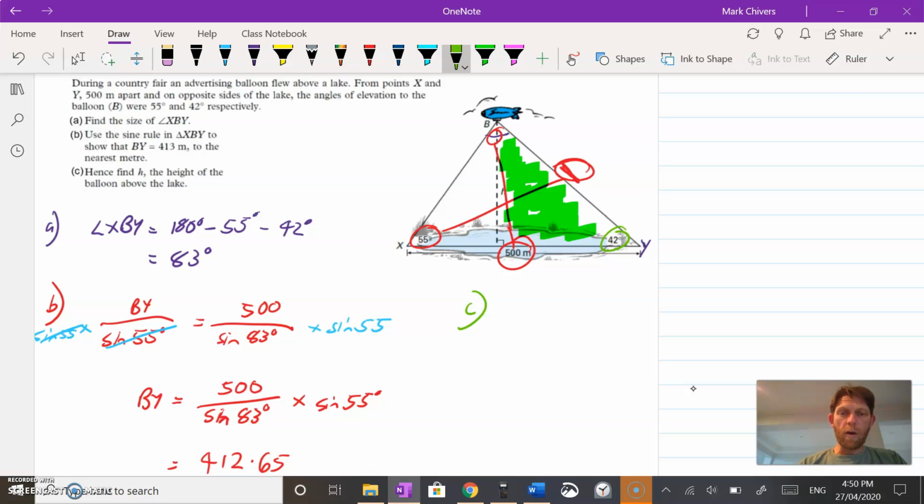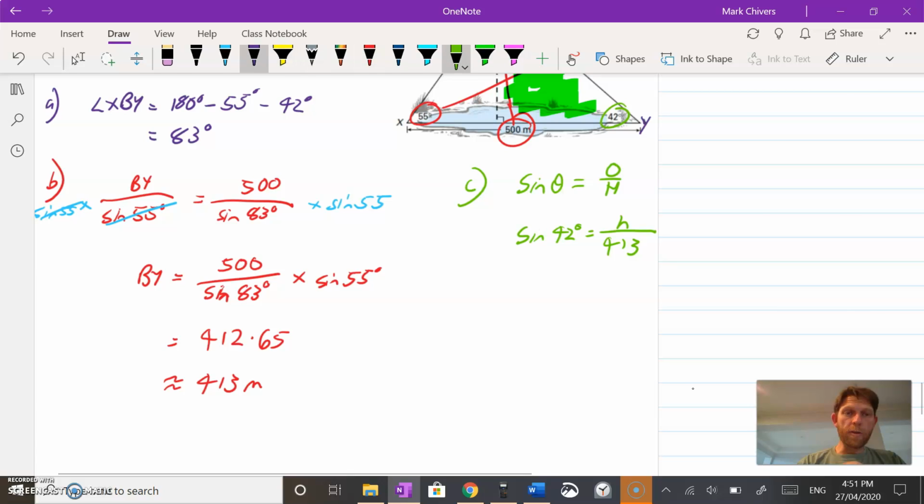We want to know the height of the triangle, so that's our opposite side, and we know the hypotenuse. We just worked that out in part B. So if it's the opposite and the hypotenuse, then we're using sine. So sine theta equals the opposite over the hypotenuse, and in this case that means that sine 42 degrees equals the opposite, which we don't know, that's just called h in the question, over the hypotenuse, which was 413.